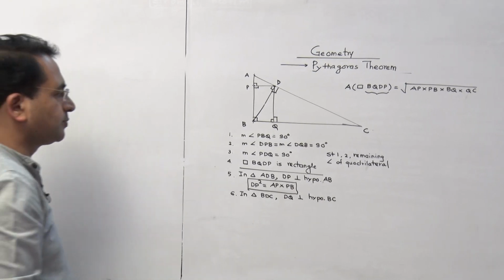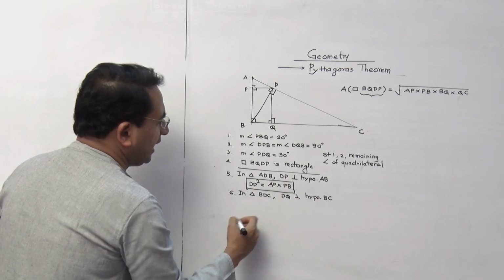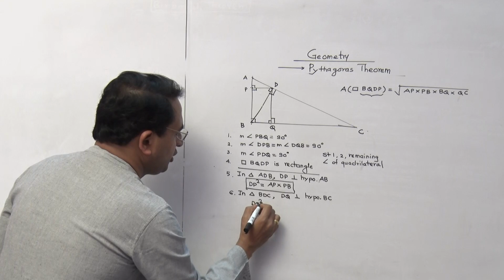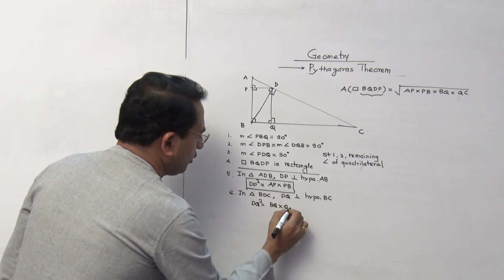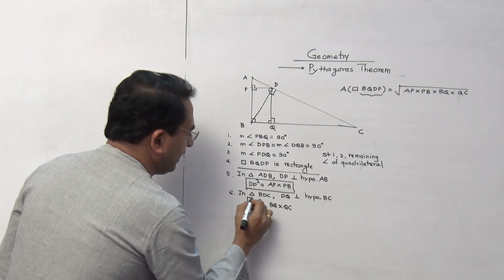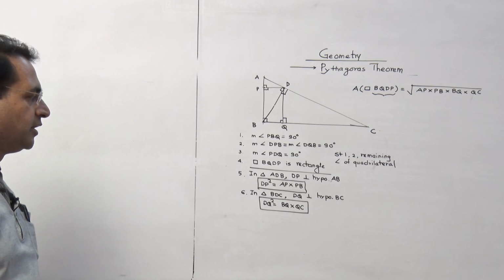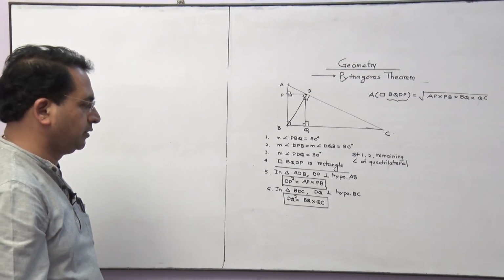DQ is perpendicular to hypotenuse. Therefore again we can make use of geometric mean property, that is DQ square is equal to BQ multiplied by QC. I can highlight this. Is that right? DQ square is BQ multiplied by QC.